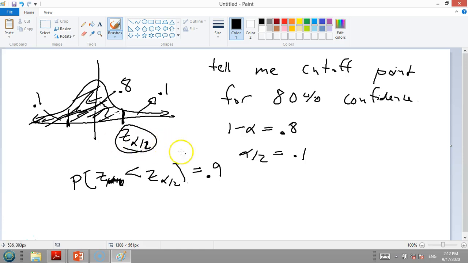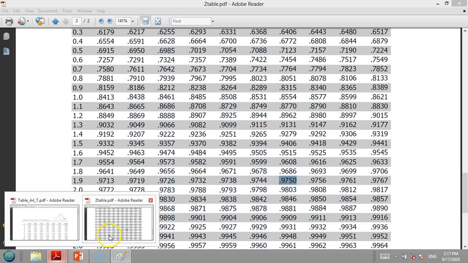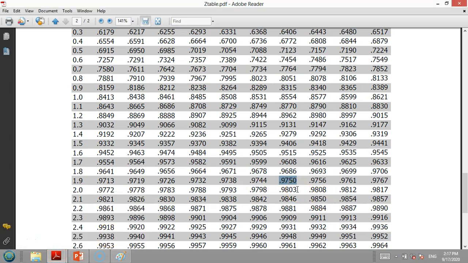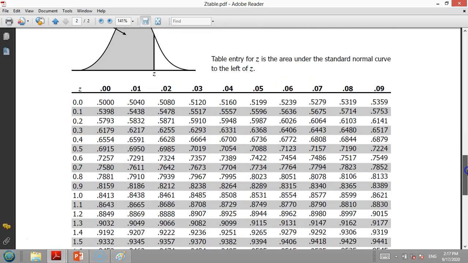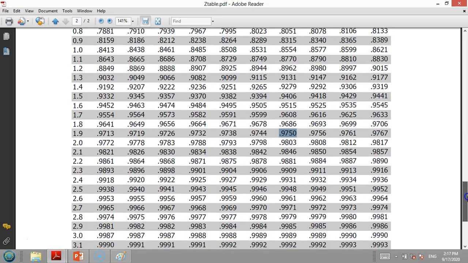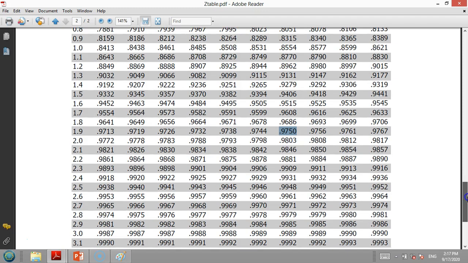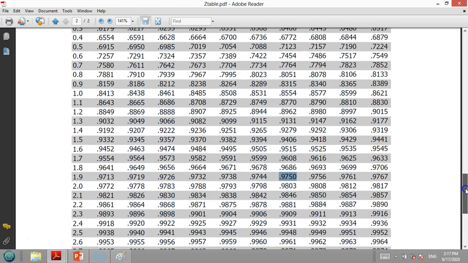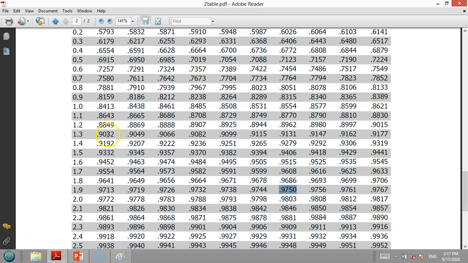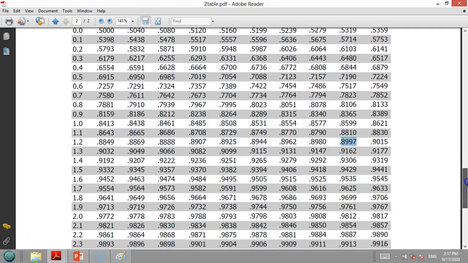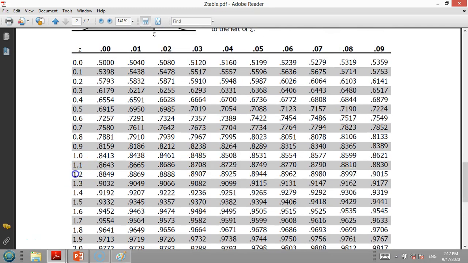I'm looking for this guy here, okay? And so I now look at the table. I look at 0.9. The closest to 0.9 is this one. I just look at the closest one, it's not exact. So this is 1.28. You see, 1.28 is the cutoff point there.